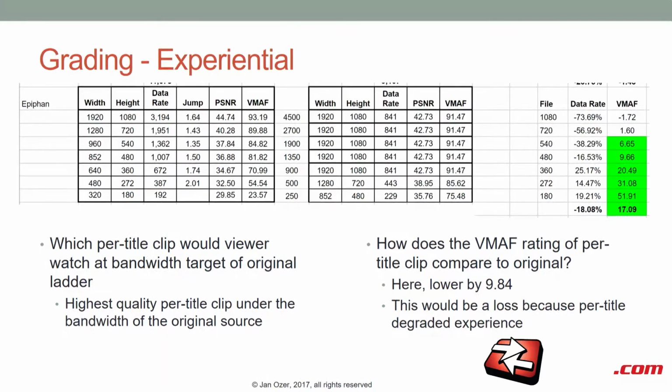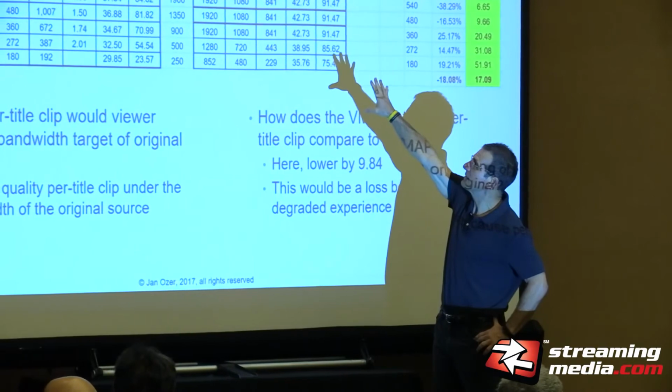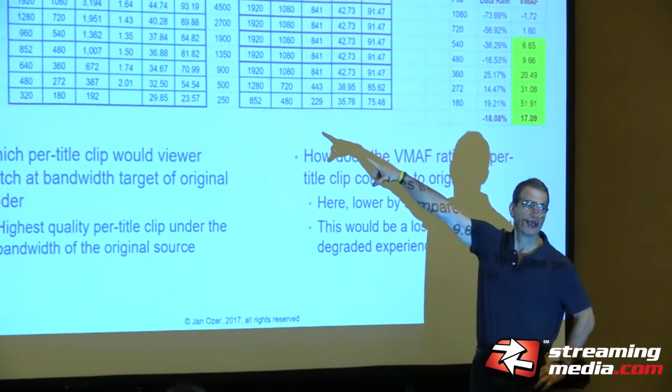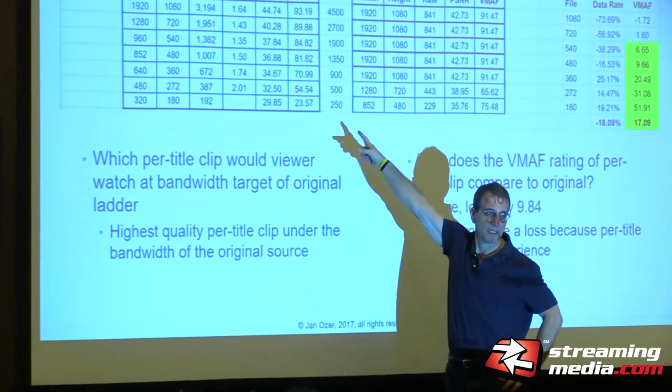Tom, you got it? Correctly, that was just one stream that you're plugging in place of those different streams for the baseline. That's right. So here what I did is I said, okay, what's the highest quality stream that could fit under this bit rate here, right?